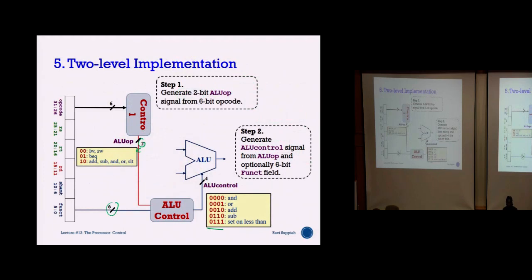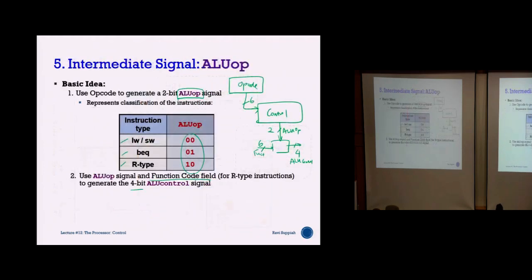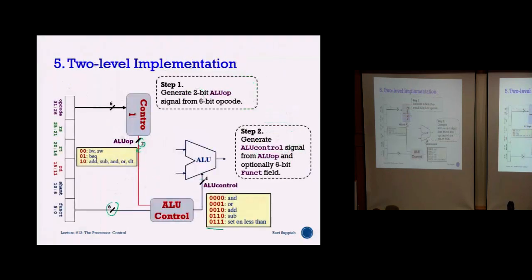Alright, so now coming back to this, we said that we are now going to use the control signals, the 6-bit control signal, to generate a 2-bit ALU op, to differentiate between memory instruction, branch instruction, and R-type instruction.